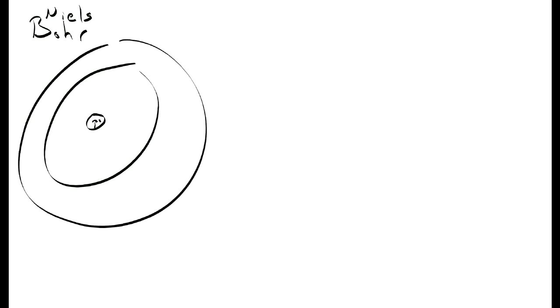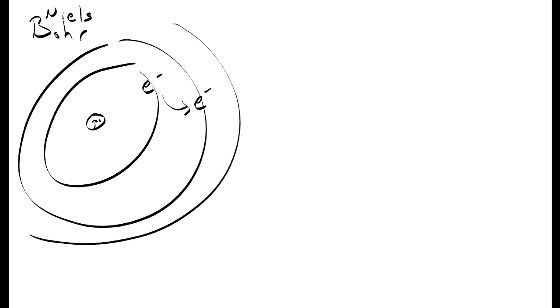And that's where Bohr comes in. In the early part of the 20th century, Niels Bohr, a Danish physicist, proposed that the hydrogen atom has its proton here at the center, and then, for some reason, electrons, the only electron of the hydrogen atom, can exist only at particular orbits.